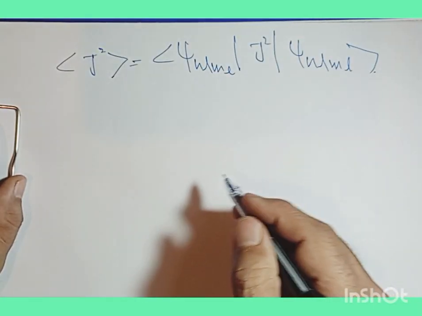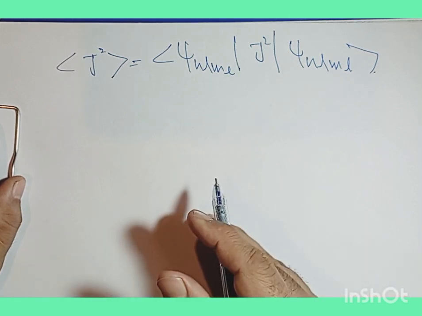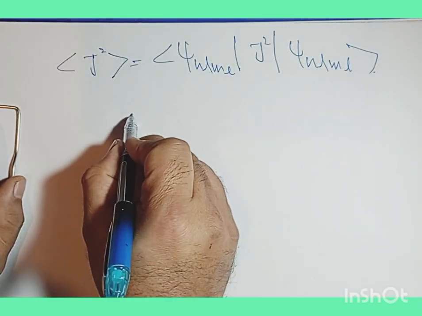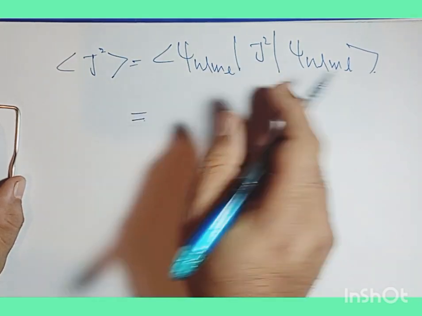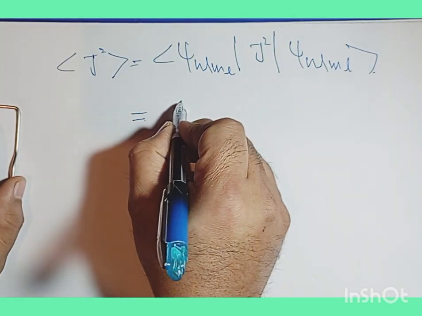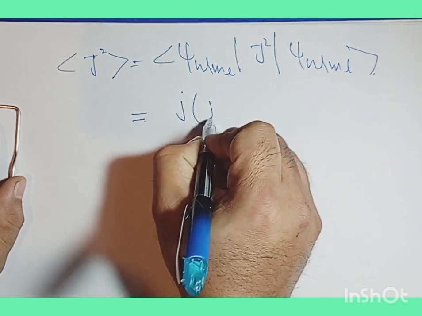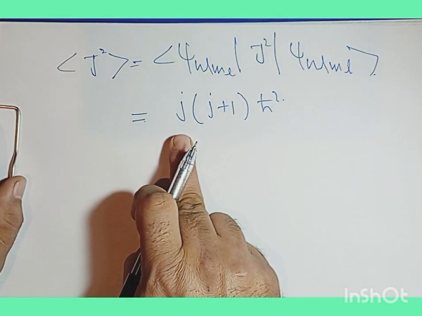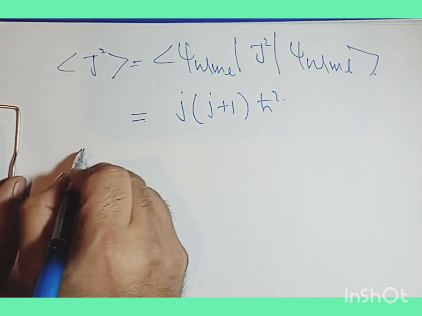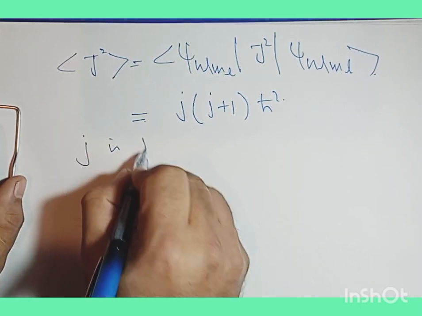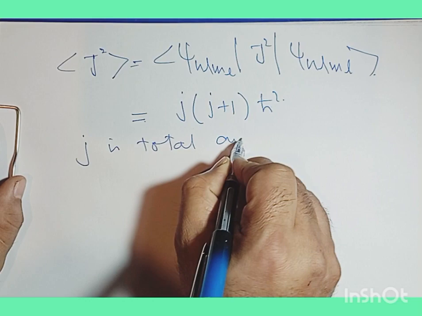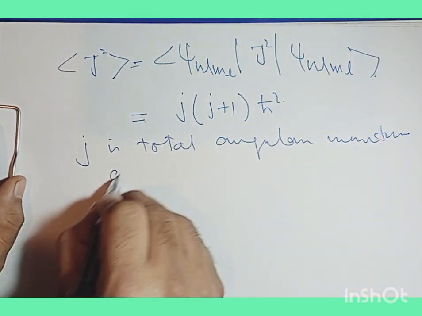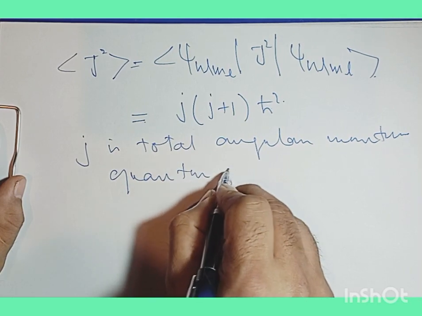After evaluating this, what we have done already in the foundation quantum mechanics course, the value will come out to be J times J plus 1 h cross square, where this J is the total angular momentum quantum number.